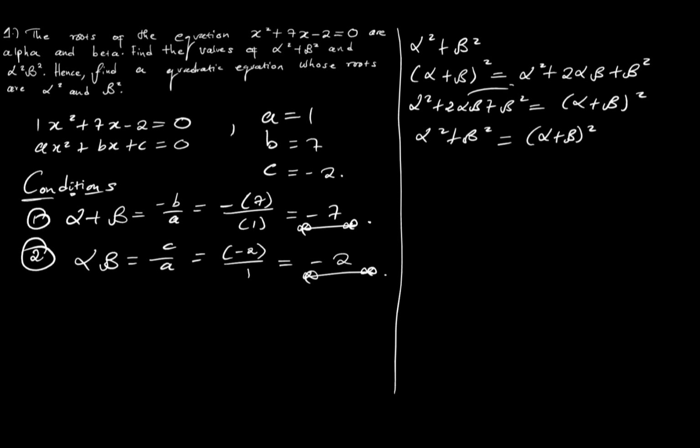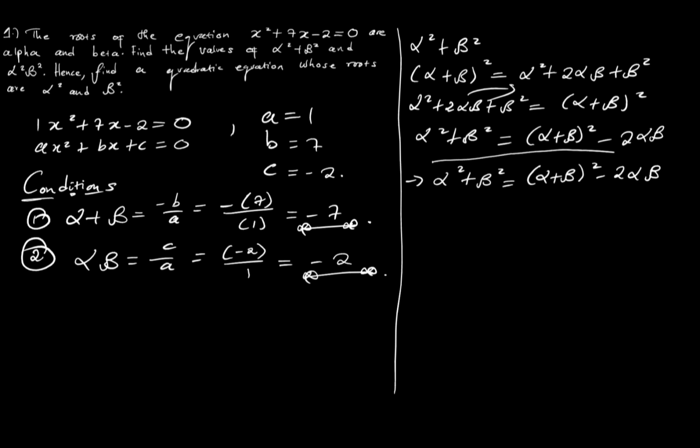Then the positive 2 alpha beta goes to the other side, and you have minus 2 alpha beta. This literally tells you that alpha squared plus beta squared is always equal to alpha plus beta squared minus 2 alpha beta. In case you run out of time while computing, you can always just remember that it will always be this.